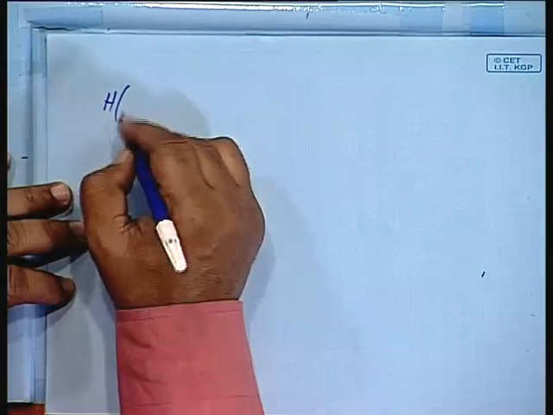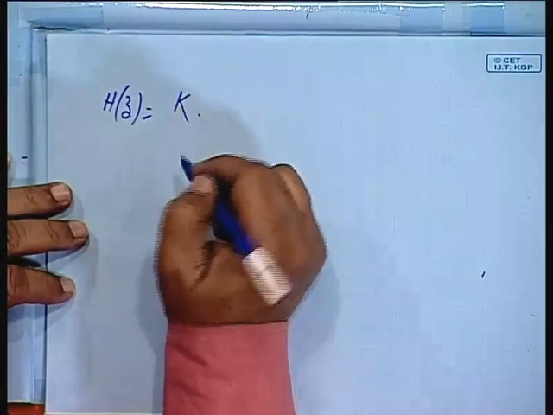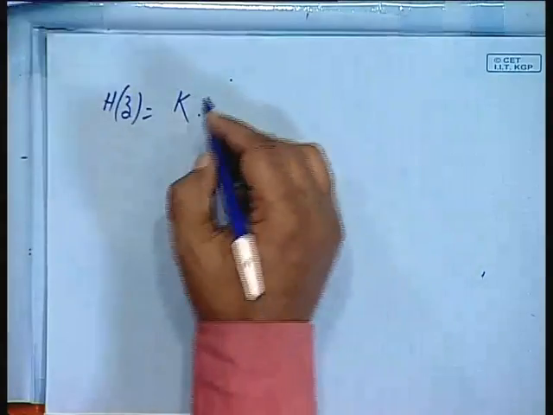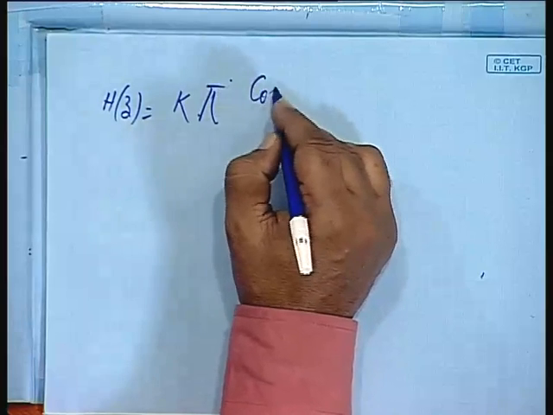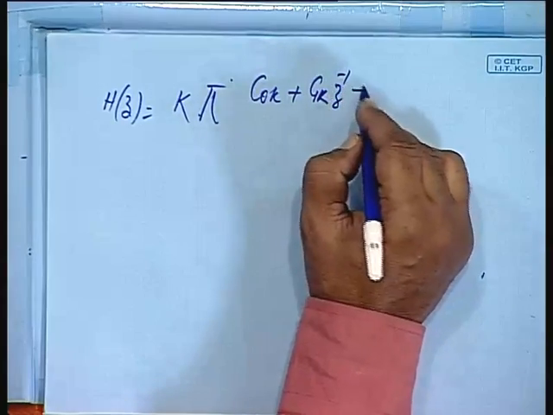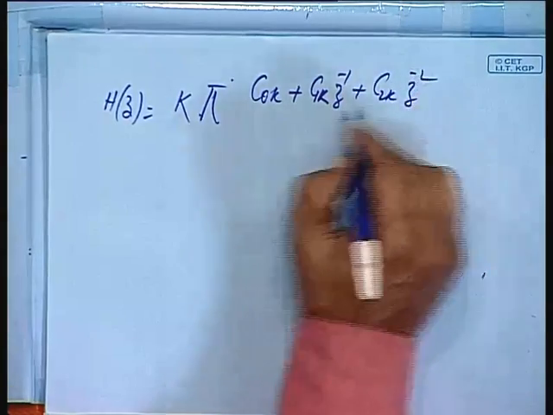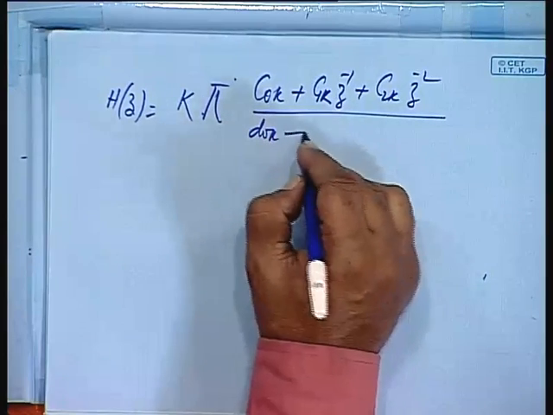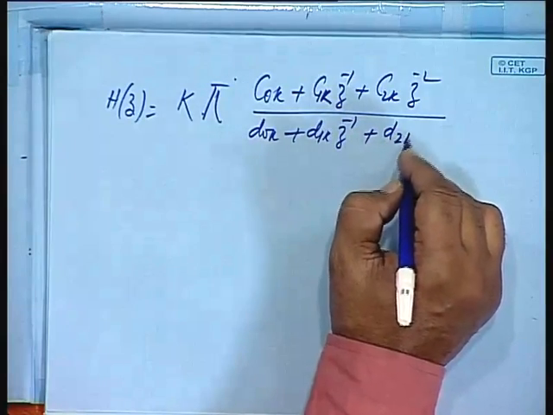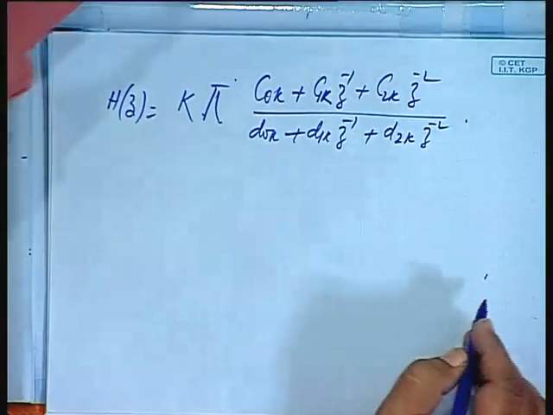How is it done? The technique is very simple. One of the techniques is, you have H(z) equal to some constant into these quadratic coefficients C0k plus C1k z inverse plus C2k z to the power minus 2 by d0k plus d1k z to the power minus 1 plus d2k z to the power minus 2.